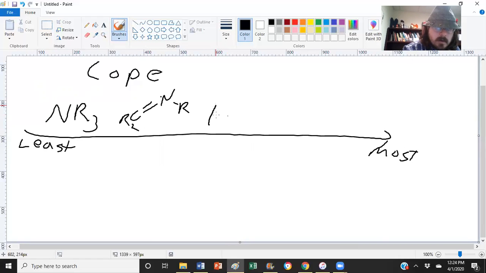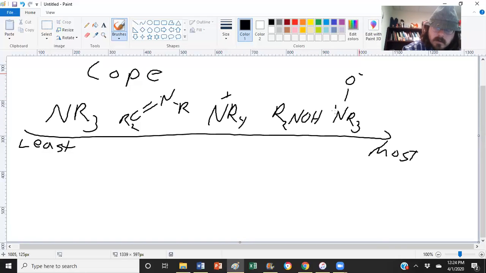We can have our ammonium. We can have our hydroxylamine. We're still starting to get more oxidized now. We can have something like an ammonium hydroxide situation.